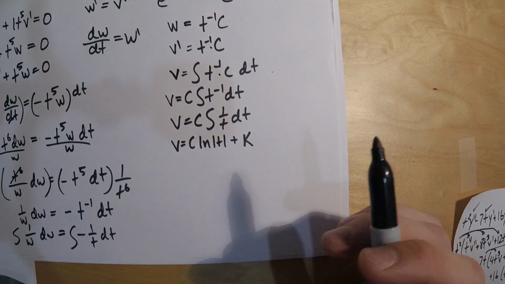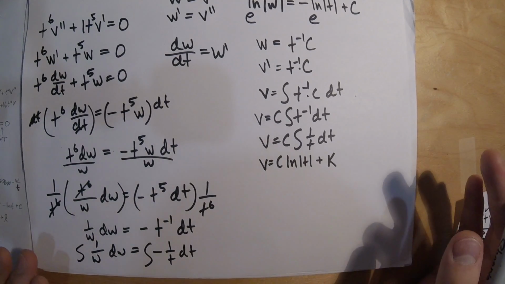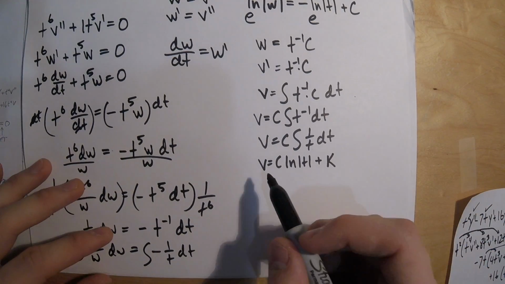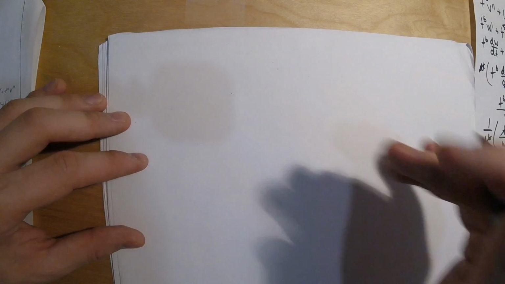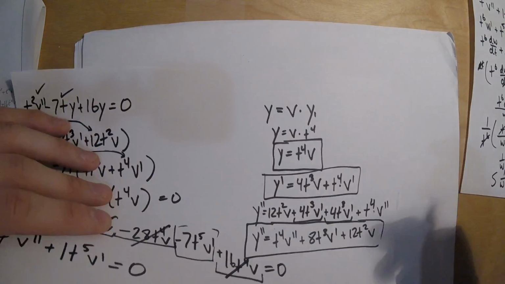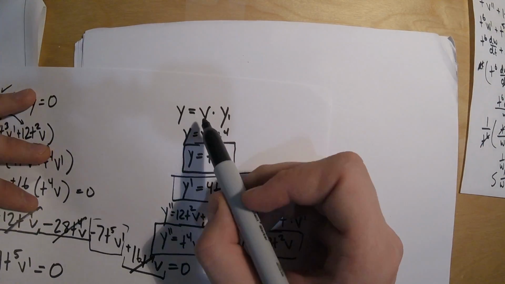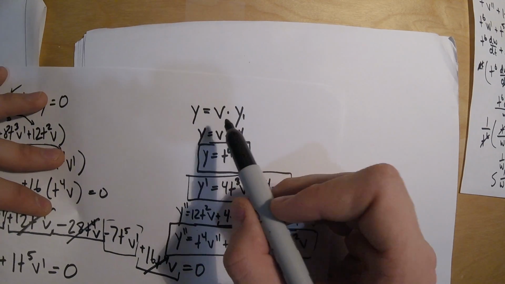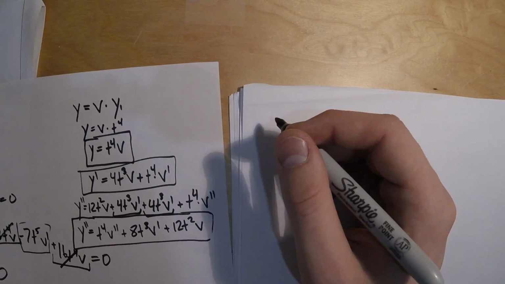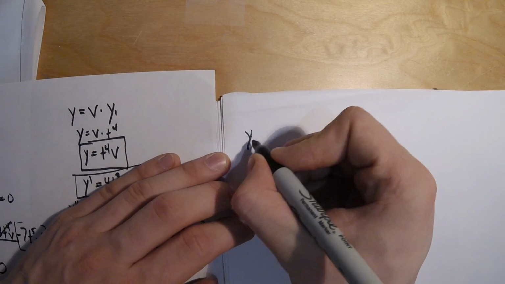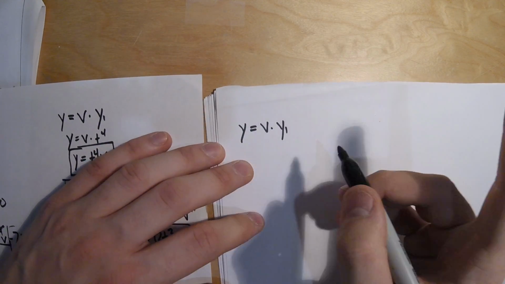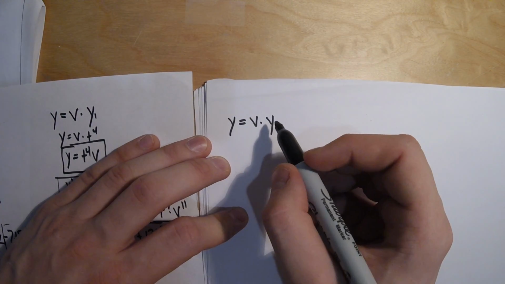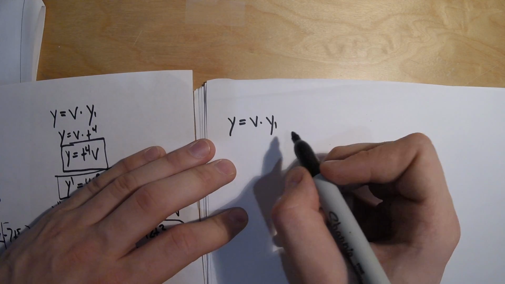So we found our v, which is awesome. Now the last step of this whole thing is to go back all the way to the first thing that we wrote when we started the problem. So I'm going to write it again: y equals v times y1. Initially we said when we read the problem that y1 equals t to the 4th.